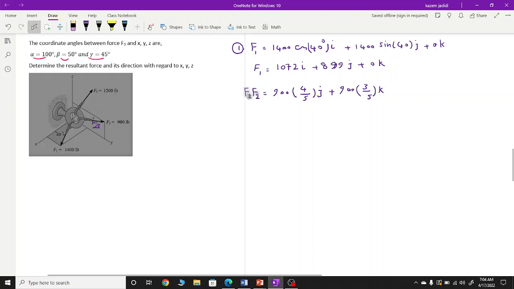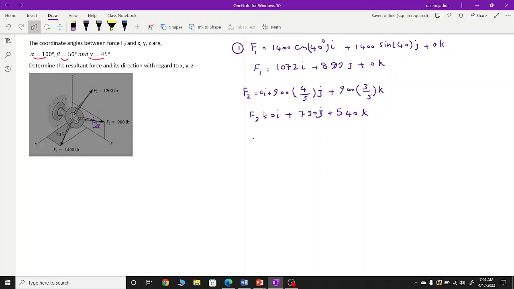Therefore, x is 0. So I'm writing 0i plus. So F2 is going to be 0i plus, if you multiply it, 720j, and this next one is 540k.